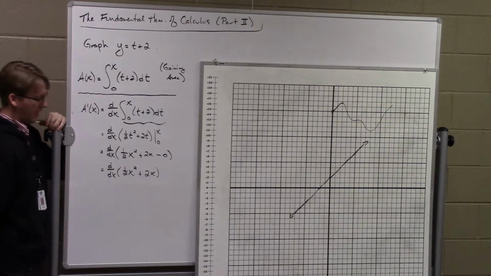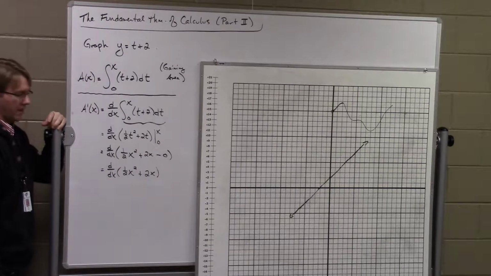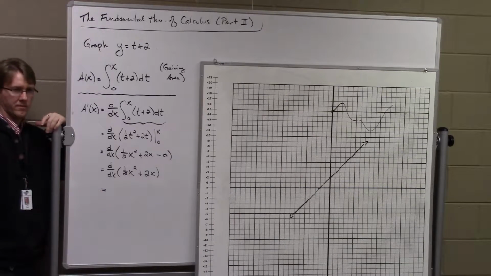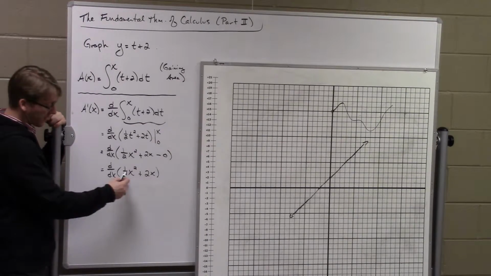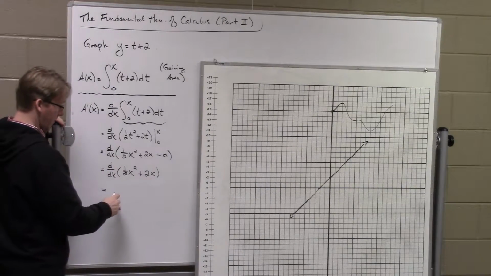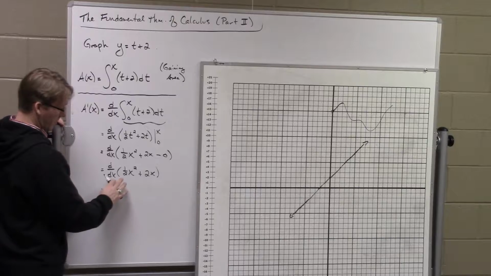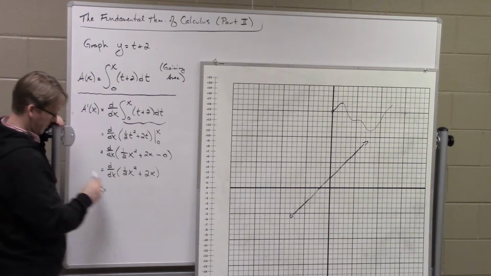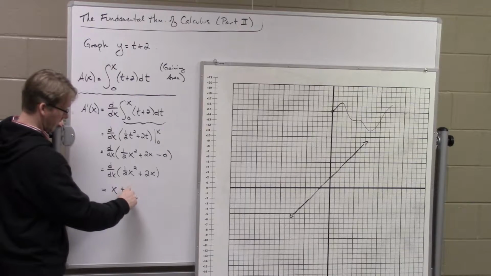In theory, they don't cancel out, but if your function at 0 is 0, then it really is kind of just that. Now we can take a derivative. If I just put this on a piece of paper and say take a derivative, what is it? t plus 2. x plus 2.